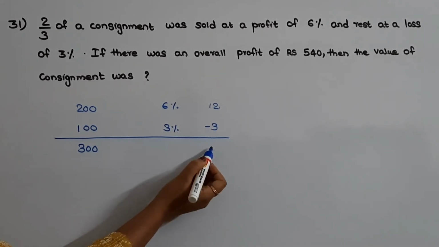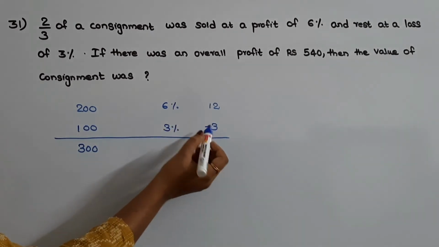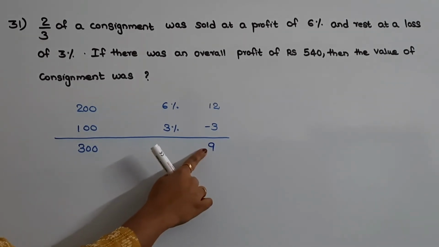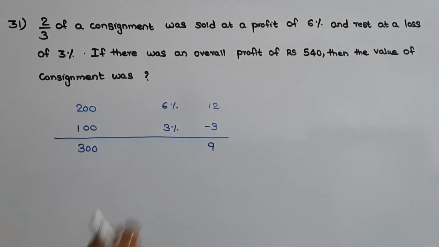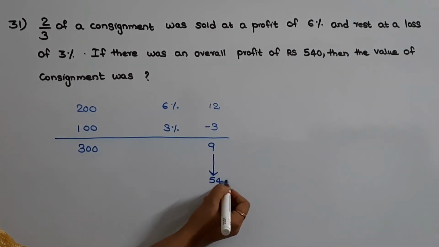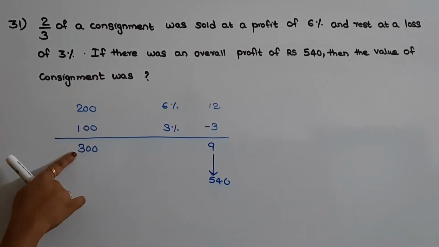Now let us find out what is the total profit. Total profit will be equal to sum of these two, that is 12 minus 3, that will be equal to 9. Okay, but this overall profit is given in the question as 540. So we can write this 9 as 540. We need to find out the value of the consignment. We took the value of the consignment as 300.